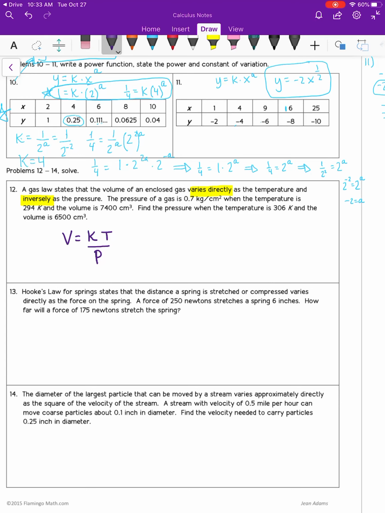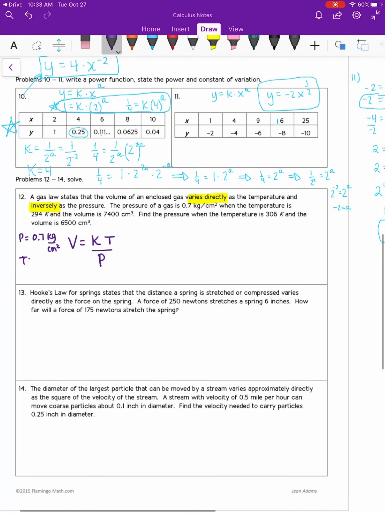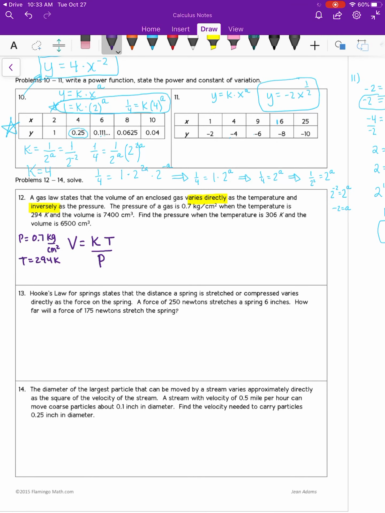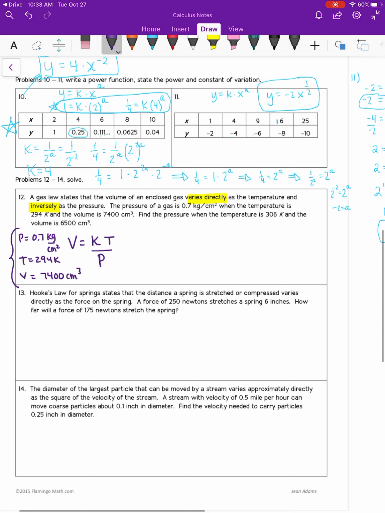And then it's going to give us a scenario, okay? The pressure of a gas is 0.7 kilograms per square centimeter when the temperature is 294 kelvins and the volume is 7,400 cubic centimeters. Okay, so there's your situation.